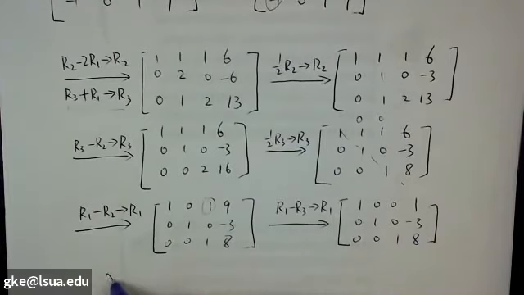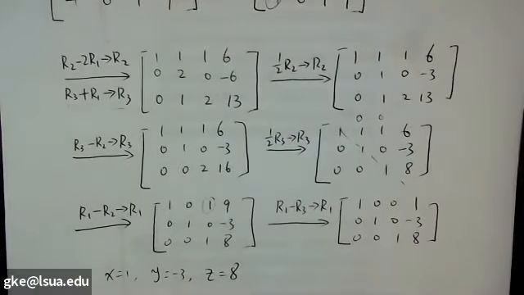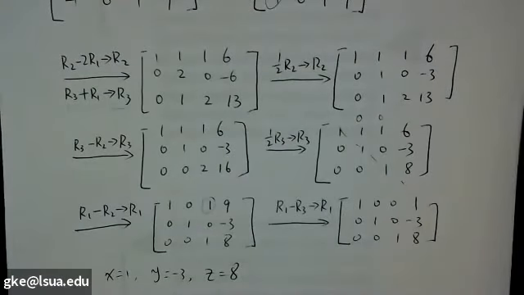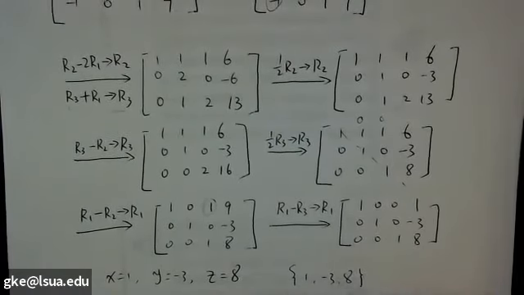So we're going to get x equals 1, y equals -3, z equals 8. Okay, we have the solution is 1, -3, 8. That's it. I think R2 minus R1 and R3 minus R1. I thought you had to use the second and third row.